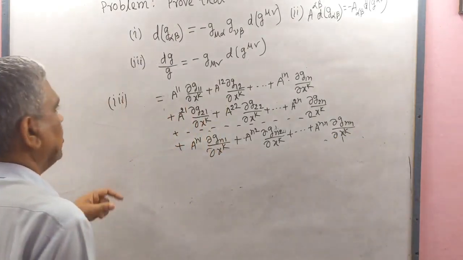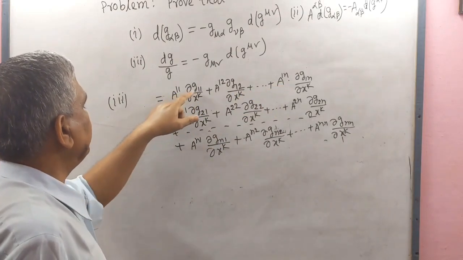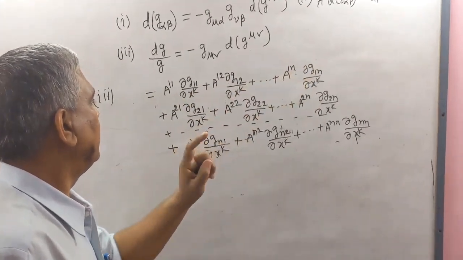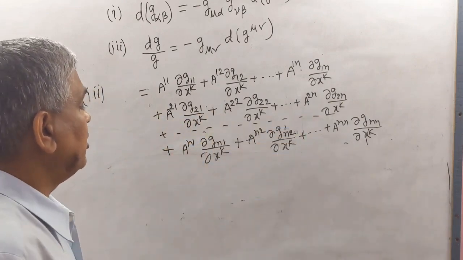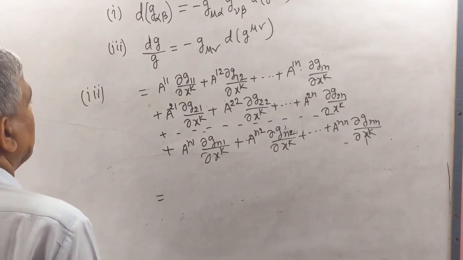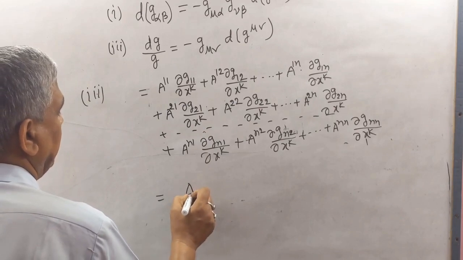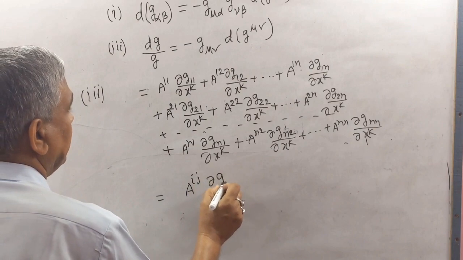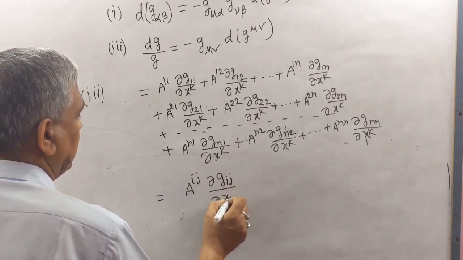Now we see that the first line is A11 G11, A12 G12, A1n G1n, A21 G21, and similarly we get all terms, and in short by using the dummy suffix we may write this equal to Aij del Gij by del xk.